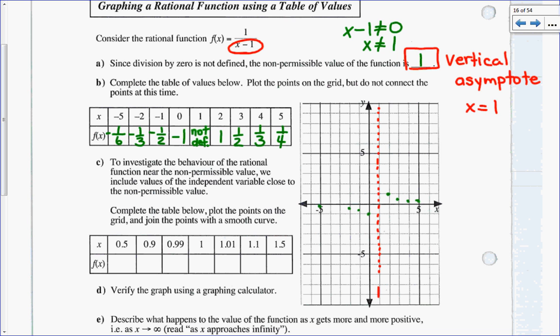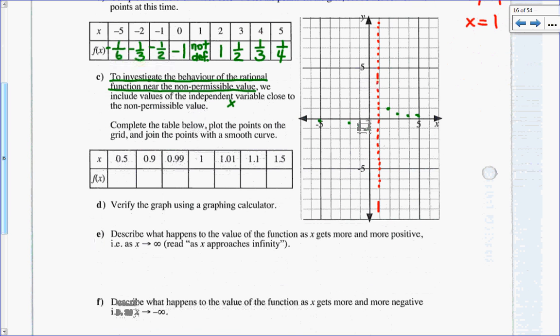So in order to investigate the behavior of the rational function near that non-permissible value, as it gets closer and closer to that red line, we're going to include values of x, our independent variable, that are as close as we can get to the non-permissible value without actually being 1. Okay, so that's where we got these x values.